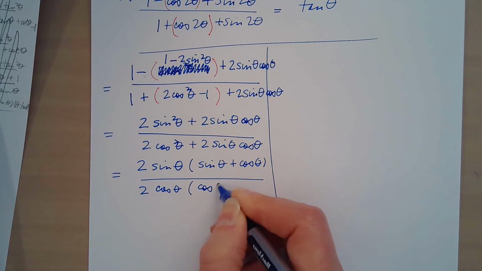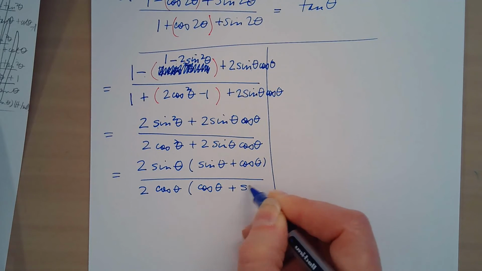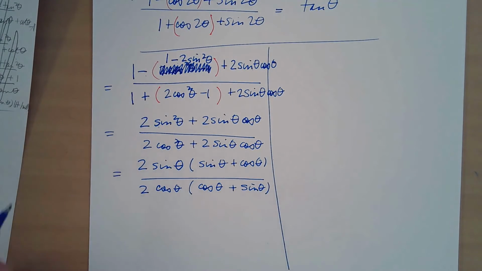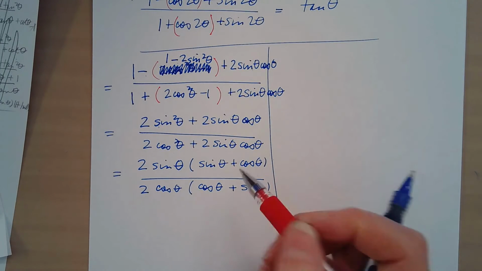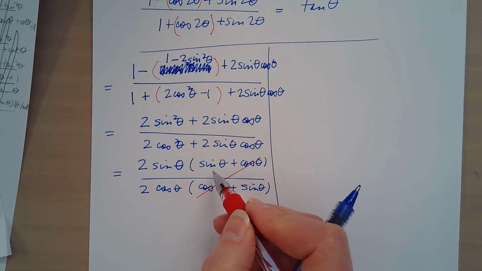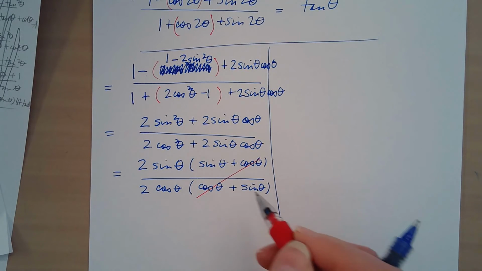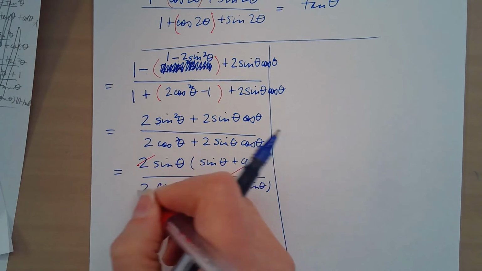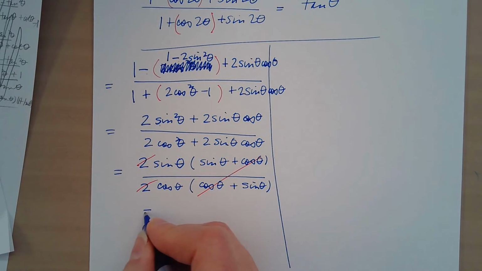That leaves me with cos theta plus sine theta. And these two are the same, right? It doesn't matter if I add sine and cos or cos and sine, they're the same. Okay, so my 2's cancel as well, and I'm left with 1.